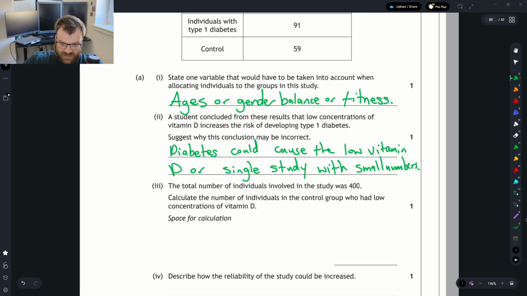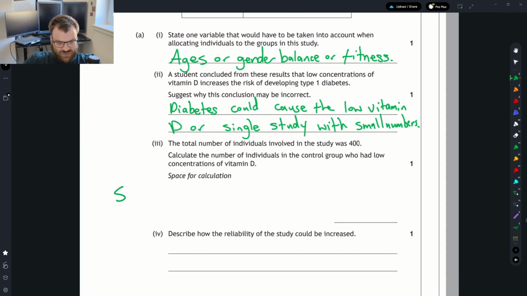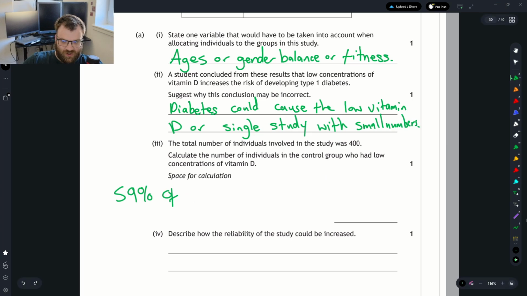And this one, we're asked to calculate the number of individuals in the control group that had low concentrations of vitamin D. That is 59% of individuals. So we want 59% of 400. Percent means out of 100. So 59 out of 100 times 400. So I got caught out by that bit.